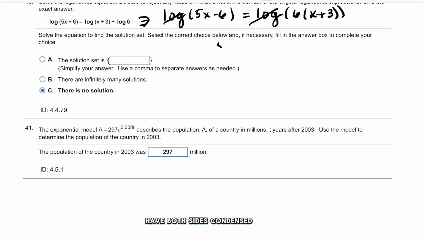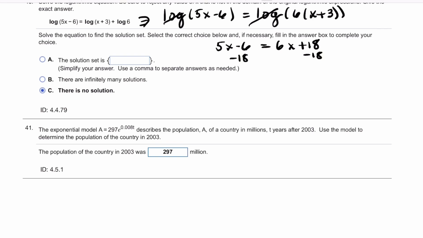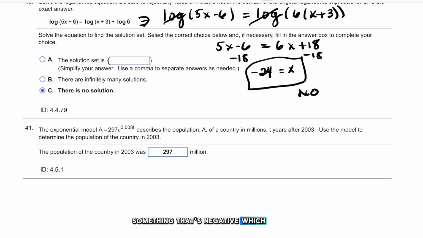And then once you have both sides condensed, you can eliminate the logarithm and just set each side equal to each other. Solve like a regular equation, but you can already tell that you're going to get something that's negative, which leaves no solution.